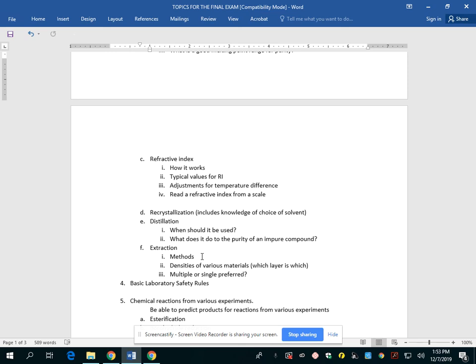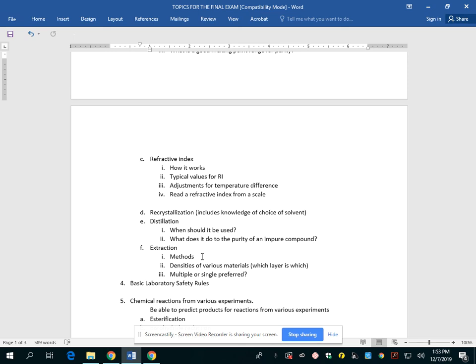I might ask you which material, based on densities, is on the top or on the bottom in a certain situation. In a lot of the cases, we had water soluble compounds, and you would put a drying agent in the organic layer after you finished. We mixed in some magnesium sulfate or sodium sulfate so that we would get rid of any remaining water.